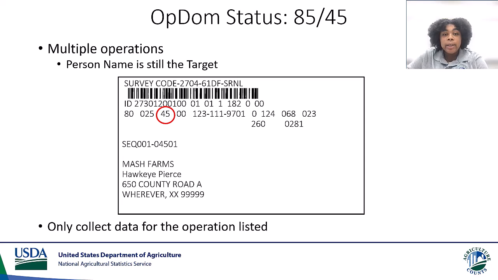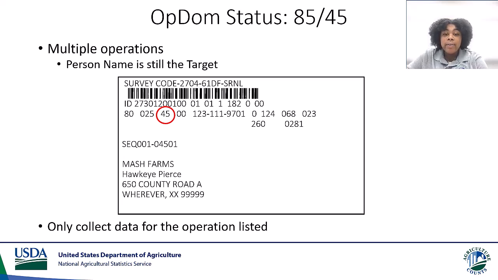For most operator dominance surveys, NASS will try to include all operations associated with a given target in the sample. But for ARMS 3, only one of those operations, either the OpDom 85 record or the OpDom 45 record, will be selected. Now, the next step is to figure out who our target is for these ARMS 3 records.